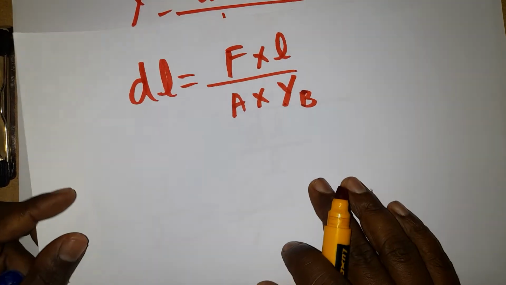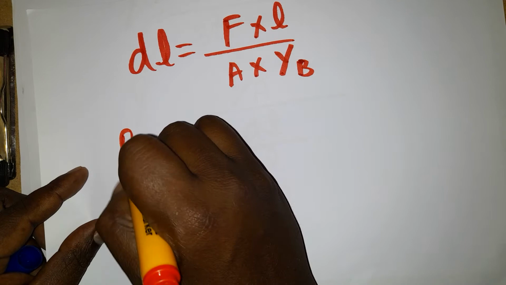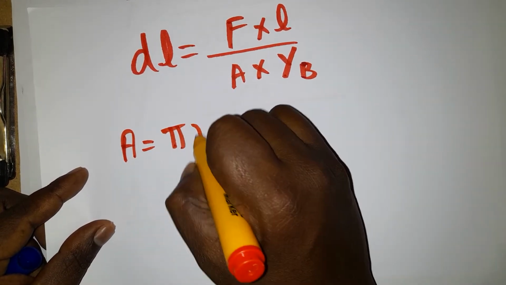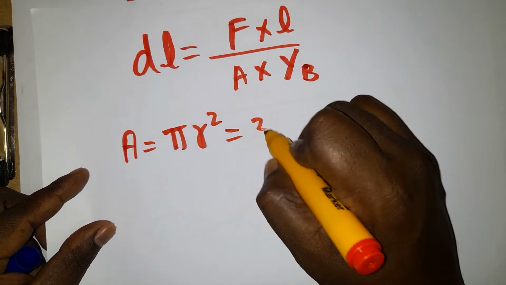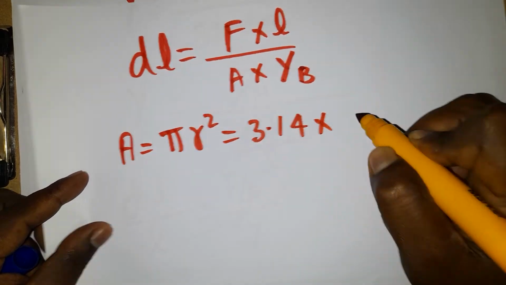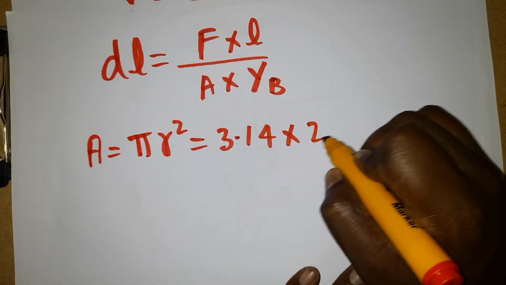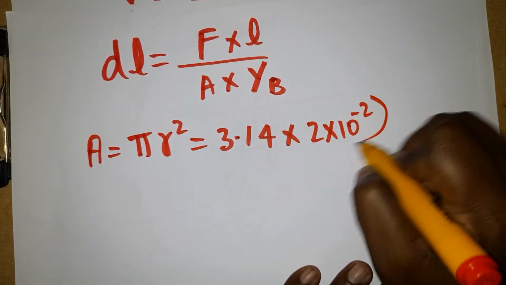Now first, the area is very easy: pi r square. Pi is 3.14. r is 2 centimeter, that is 2 into 10 power minus 2, whole square.